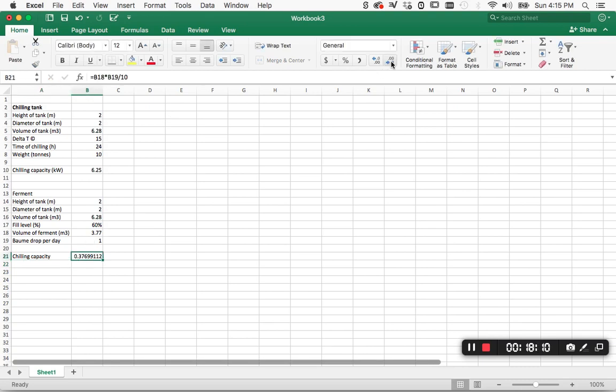Whew, tiny. 0.38 kilowatts. So that's easy, isn't it? That's a lot easier, a lot less power just to keep a ferment. I suppose it's a much smaller amount.